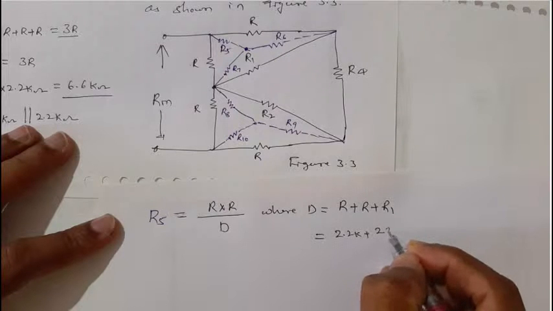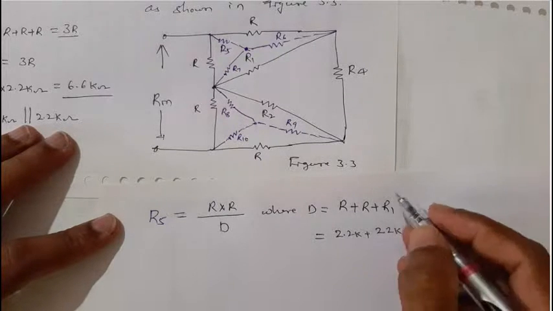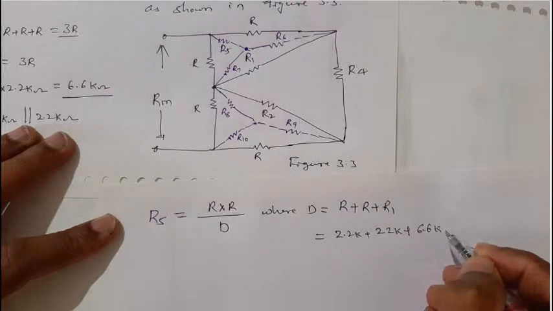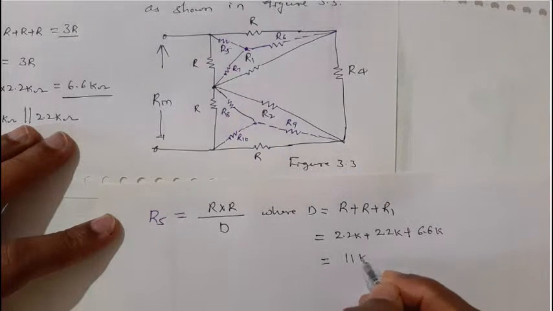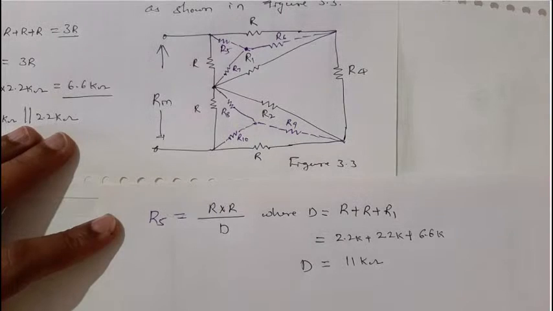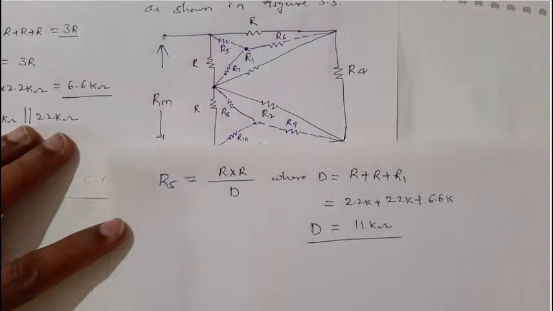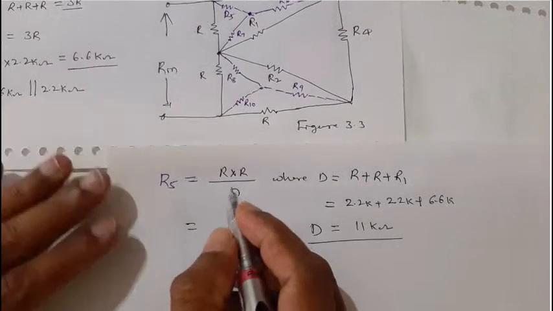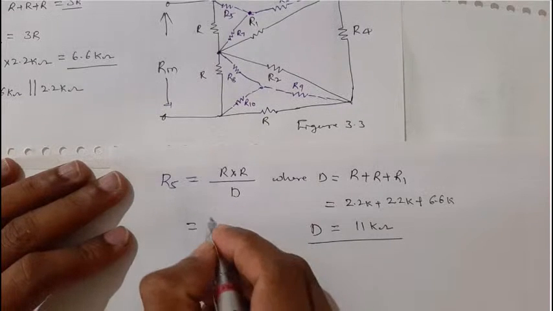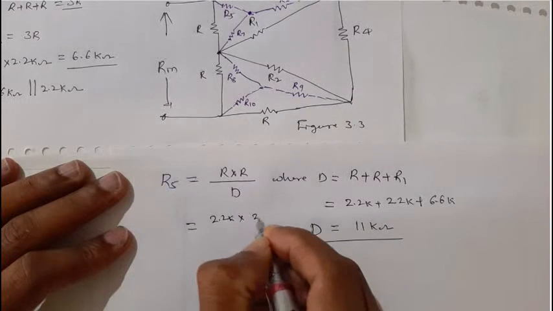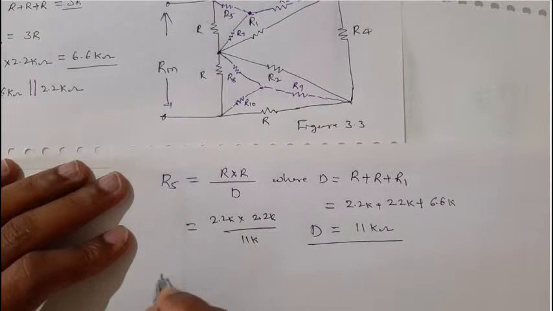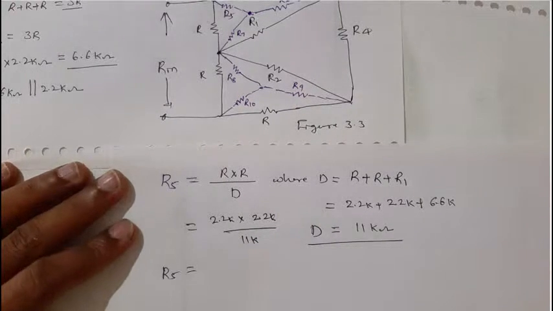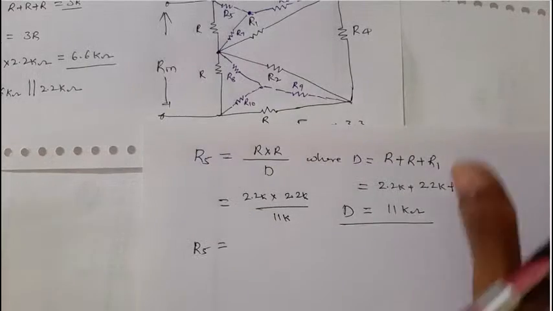R is 2.2k plus 2.2k plus R1 is 6.6 kilo ohm, which is equal to 11 kilo ohm, D. Now onwards I use this D directly everywhere. So R5 is R into R, that is 2.2k into 2.2k divided by 11k. Let me calculate, dear students.